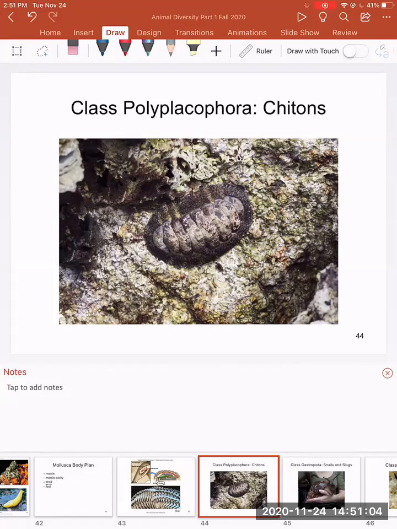They need to adhere to the rocks so they don't just get swept away. And also at low tide, being able to attach with that foot is going to keep them from drying out. This guy's really camouflaged. This is one of my favorite class names in the mollusks, Polyplacophora. It means many plates. And you can see that this animal has a lot of plates on its back.